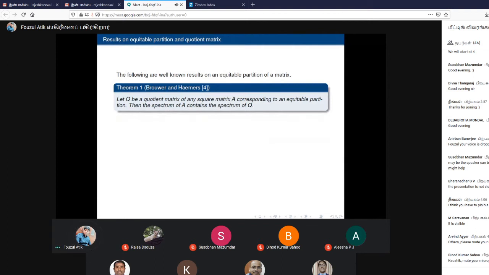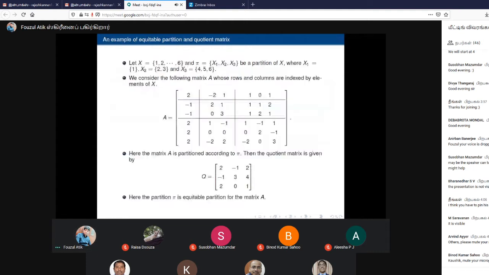Non-negative matrix means that all the entries are non-negative. If we have an equitable partition and a quotient matrix corresponding to that partition, then the spectral radius of the quotient matrix Q is the spectral radius of the original matrix.